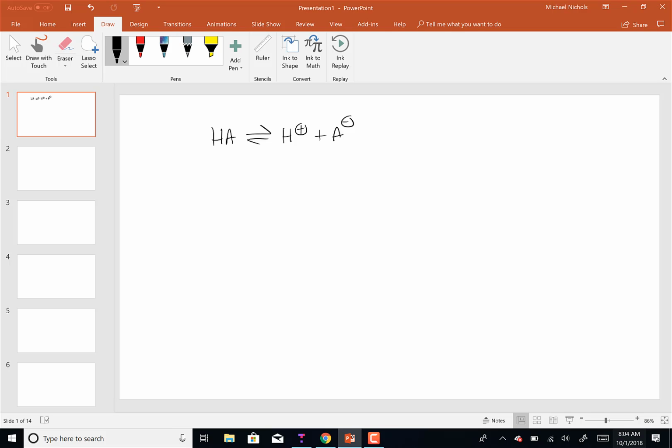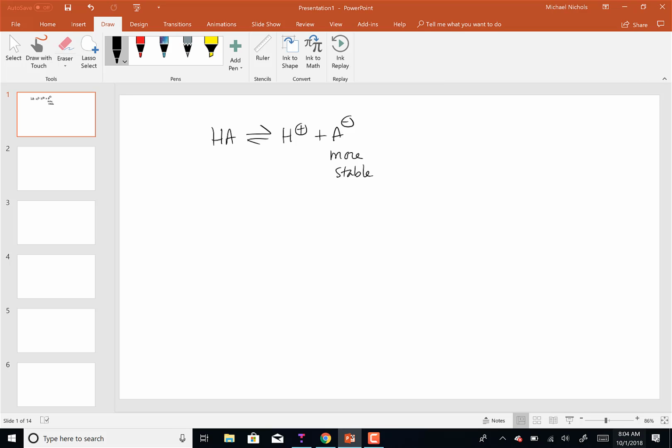What do we do? Make the product more stable. With any equilibrium, if you make the product more stable or make the reactant more unstable, you can push the equilibrium to the right. And vice versa if you want it to go to the left.